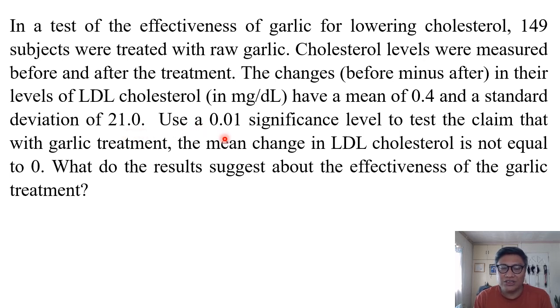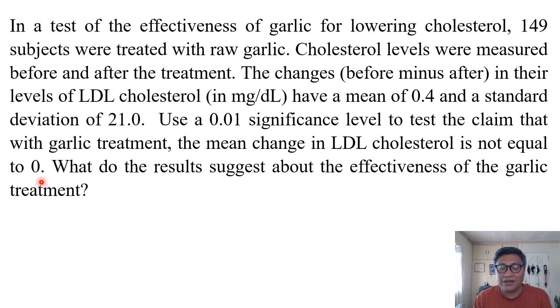Then we use 0.01 significance level to test the claim. So again, you have to identify what is the claim: that with garlic treatment, the mean change in LDL cholesterol is not equal to 0. It means that 0.4 is not equal to 0.